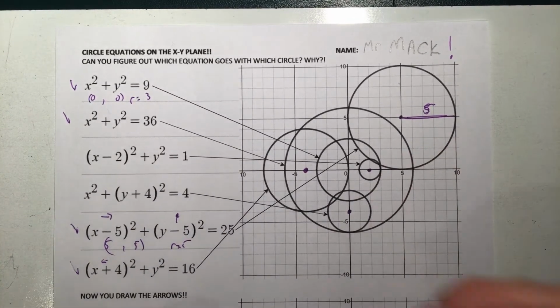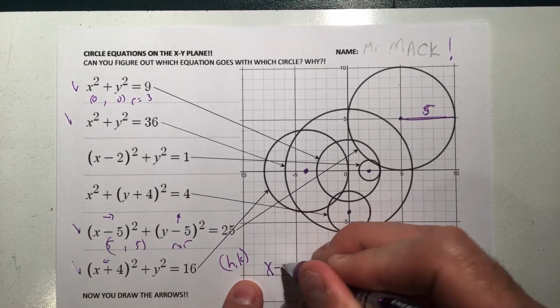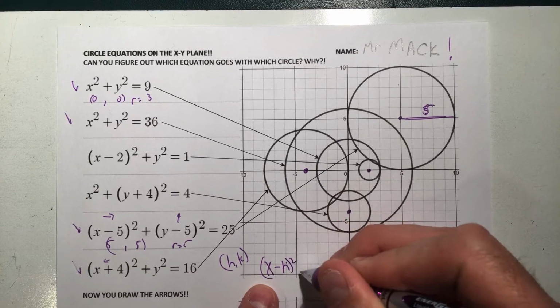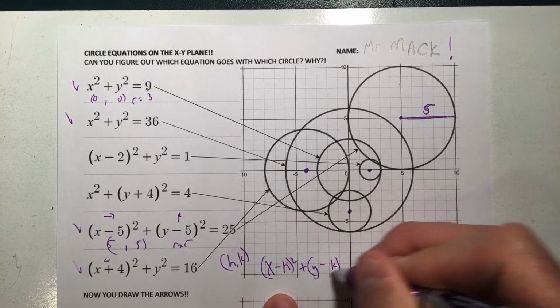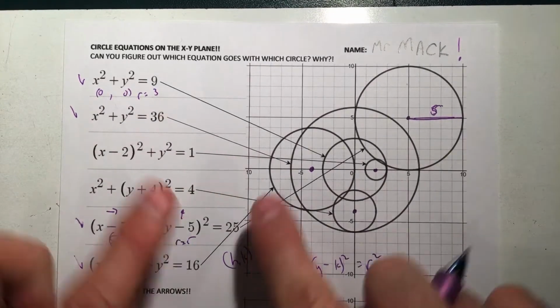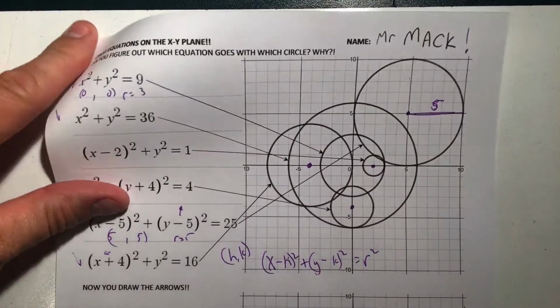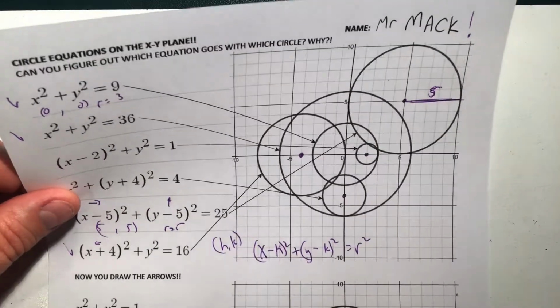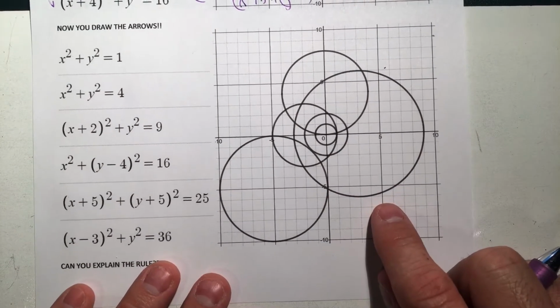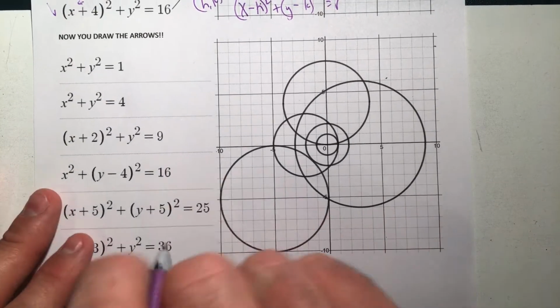So the rule is, let's say h, k is my center. You're just going to go x minus h squared plus y minus k squared equals r squared. That's kind of why these are the way they are, and you can reference this picture. The homework worksheet you're going to get is going to have this on it, where the first thing you have to do is just draw the circle.